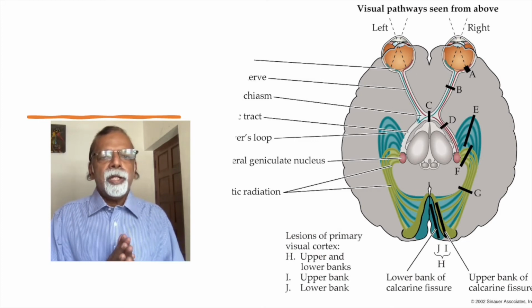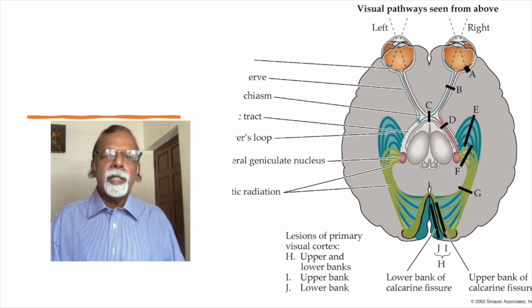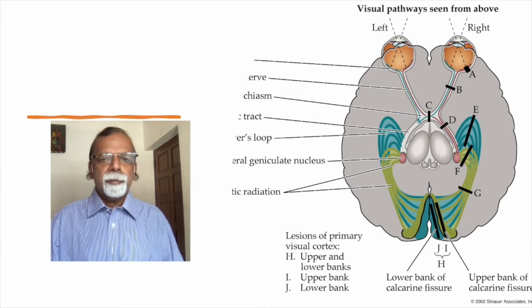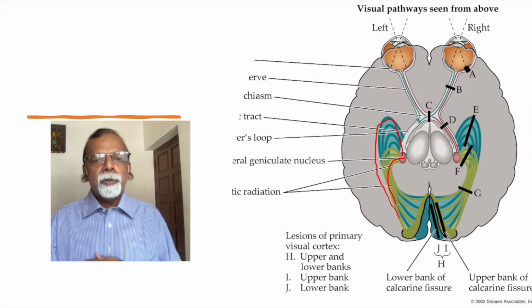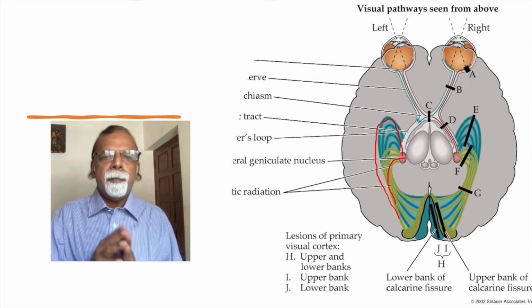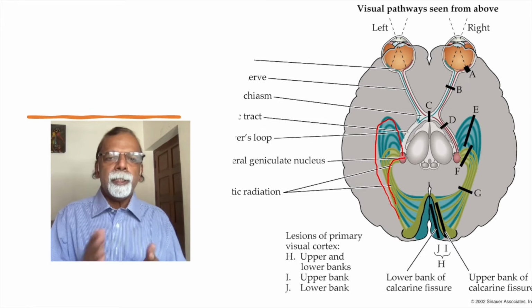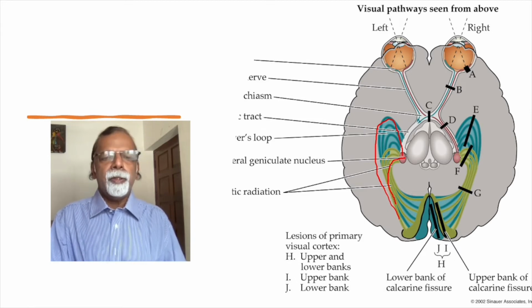So we have already mentioned, from the lateral geniculate body, the fibers are going as the optic radiation. This passes through the temporal lobe, and also some are passing through the parietal lobe. So lesions in the parietal lobe can produce hemianopia, lesions in the temporal lobe can produce visual field abnormalities, that is homonymous hemianopia.